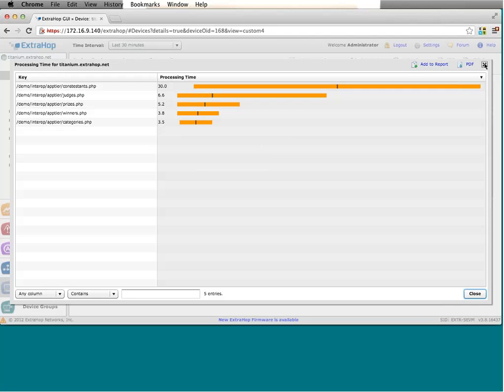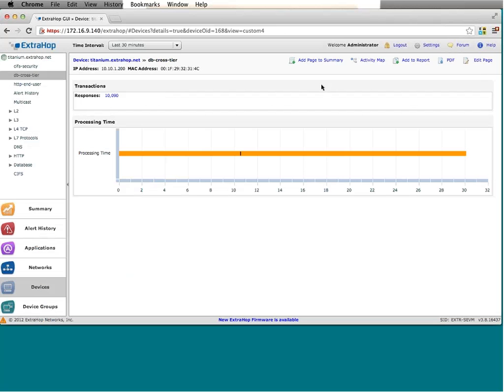We can do that both out of the box with no configuration, or in a custom fashion using application inspection triggers.